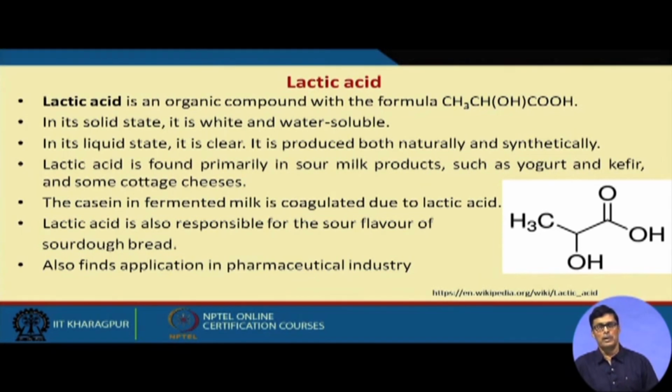So milk protein and fat, which is very good for human consumption, is usually preserved in the form of cheese. How is cheese produced? Cheese is produced by the curd making process, and during curd making we basically produce lactic acid, and lactic acid acts as a preservative.